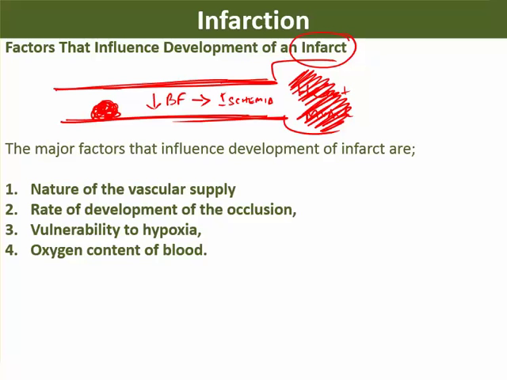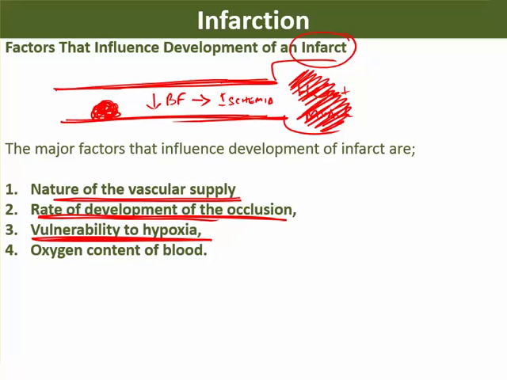So there are four factors that influence infarction formation. One is the nature of blood supply, and the speed of occlusion, the rate of development of occlusion, which means how fast the occlusion is happening, and vulnerability to hypoxia, and the oxygen content in the blood.